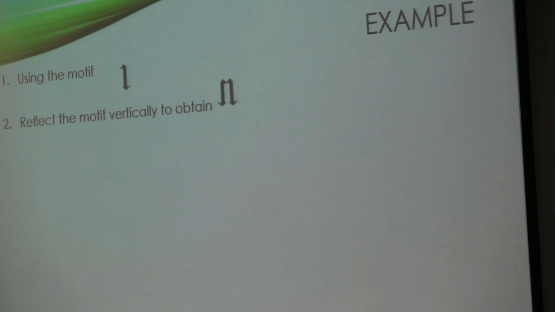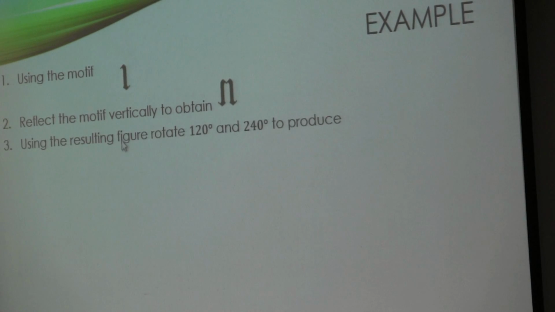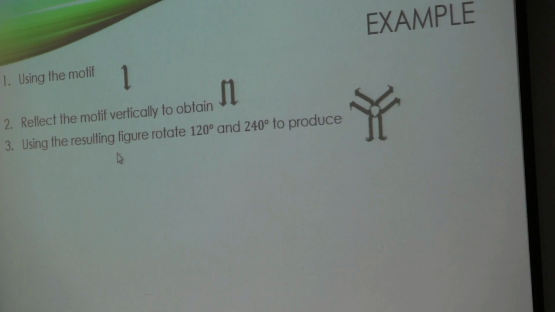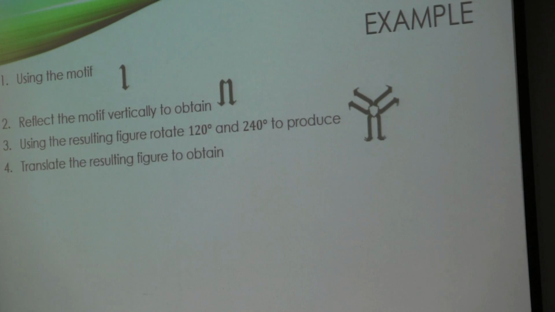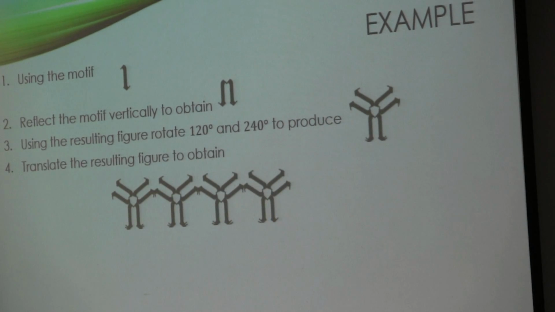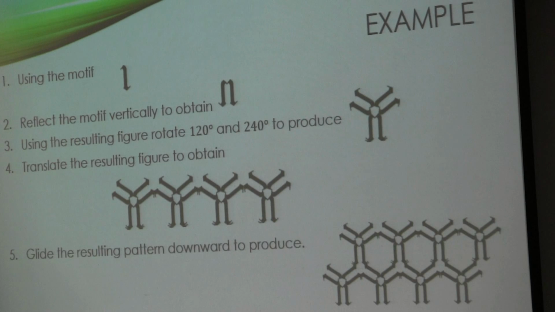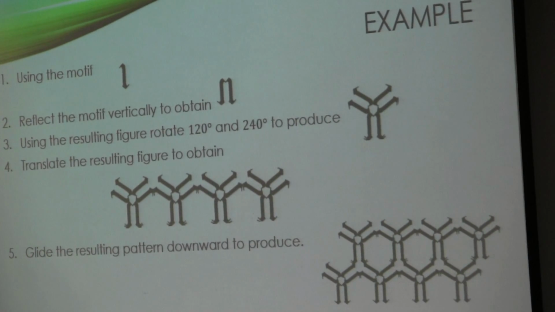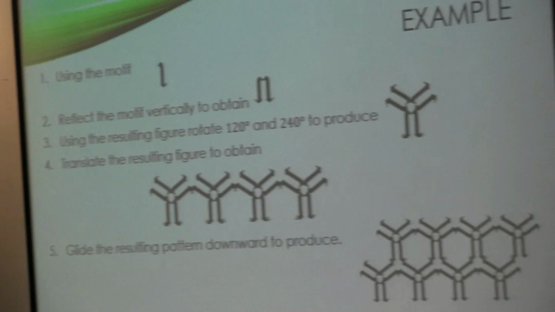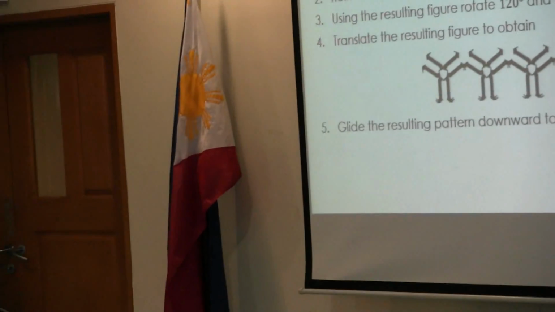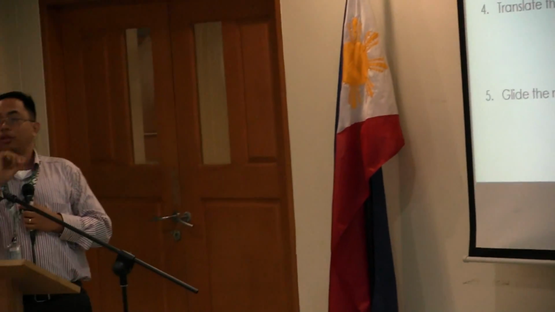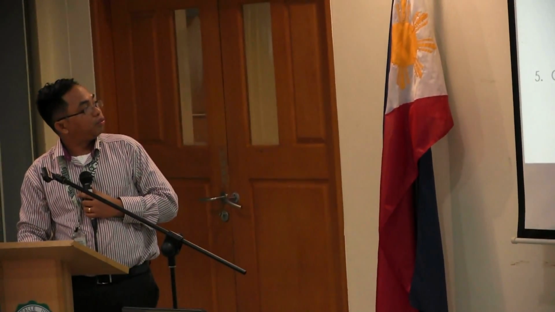Following this motif, reflect vertically, rotate, obtain this one, and then you translate or glide reflect to form these kinds of patterns. It should cover everything by continually producing those figures like this.